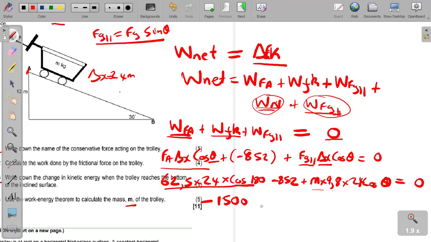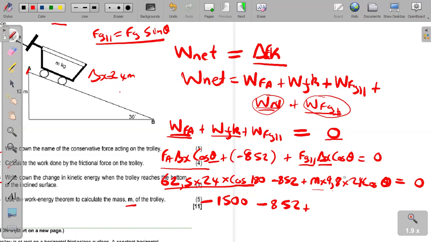Then the other one, negative 852. Right. Plus, let's go to m: 9.8 times 24 times cos 0.